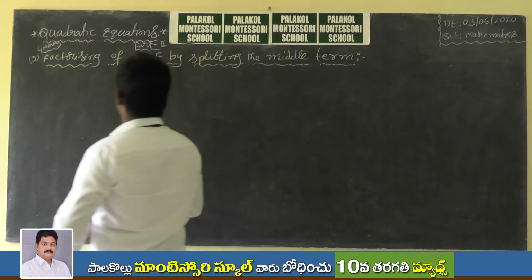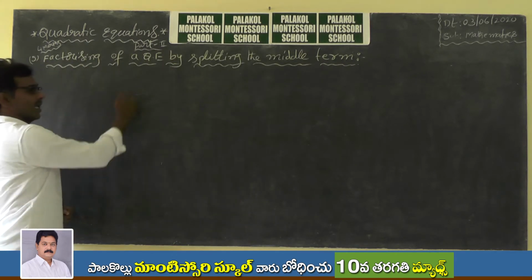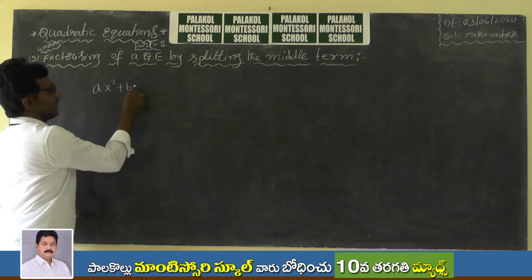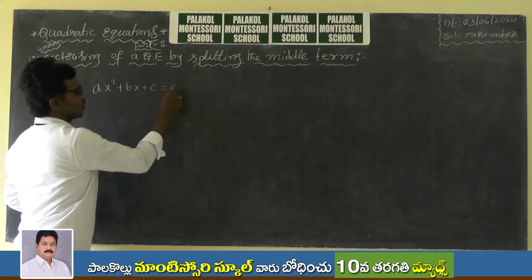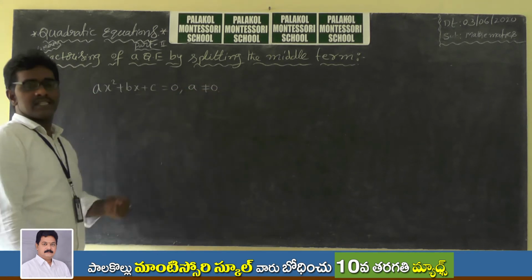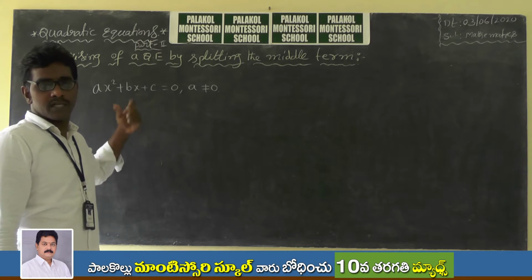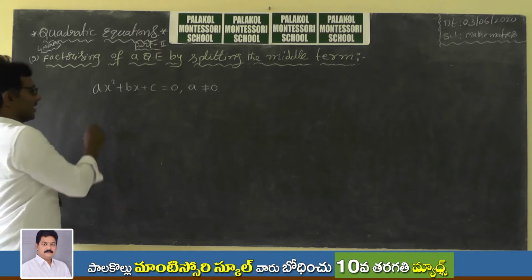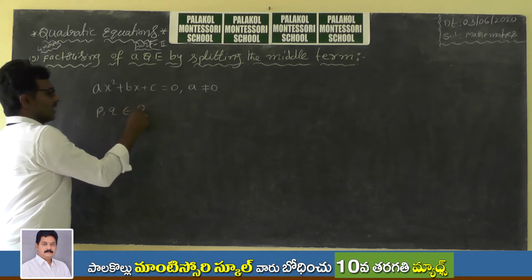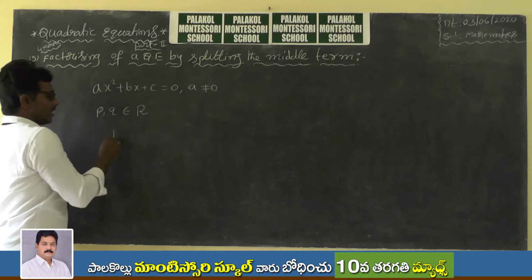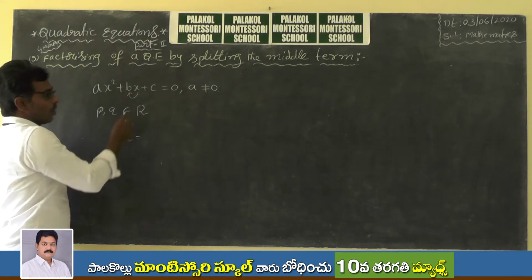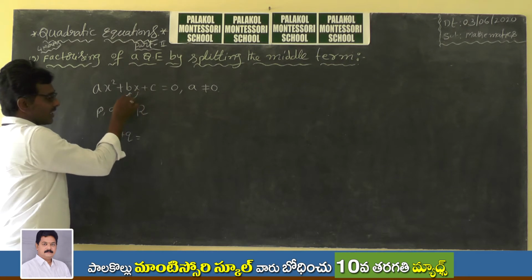So I write the general standard form of the quadratic equation. See guys, ax square plus bx plus c equal to 0, a not equal to 0. This is a standard quadratic equation. You have to find p comma q, which I have selected as 2 real numbers. So p comma q is compared with the x coefficient. What is the x coefficient in the standard form?